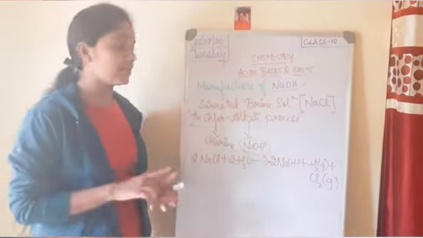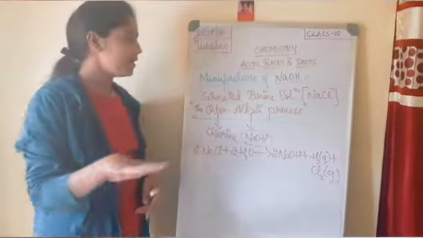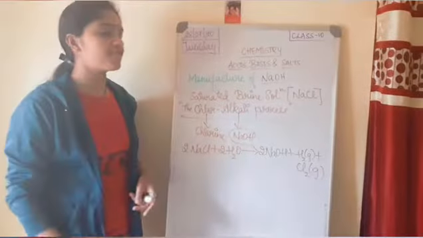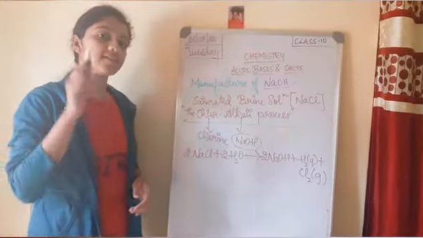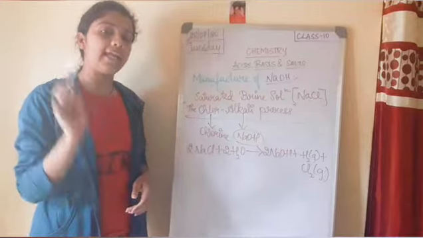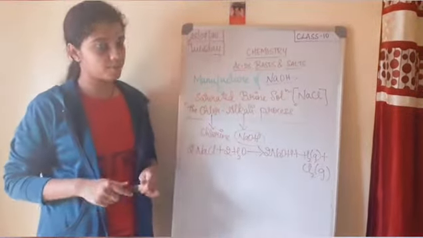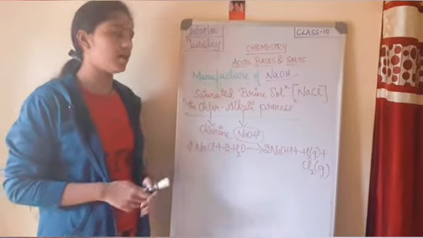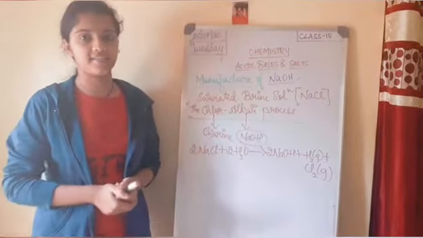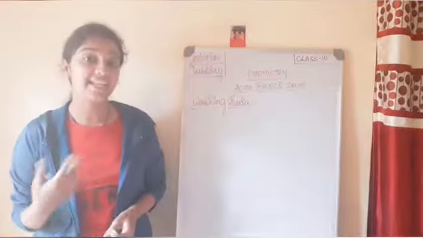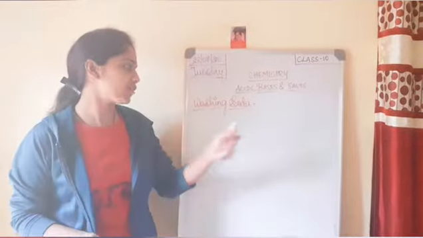Now this is very important for your board exam. So this is manufacture of sodium hydroxide. This is commercially made by the electrolysis of saturated brine solution, that is sodium chloride, and this process is called chlor-alkali process.